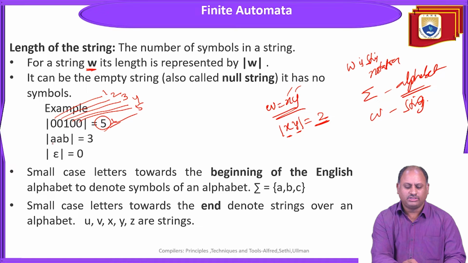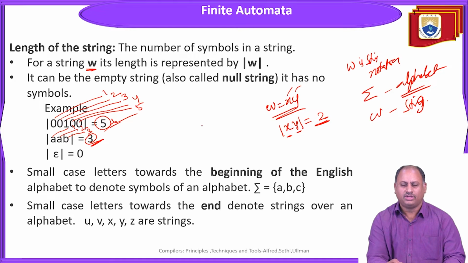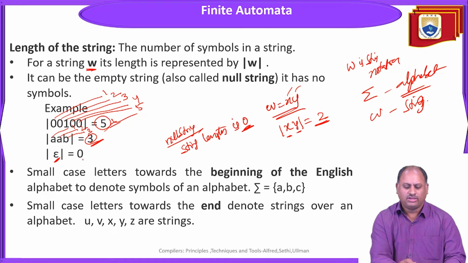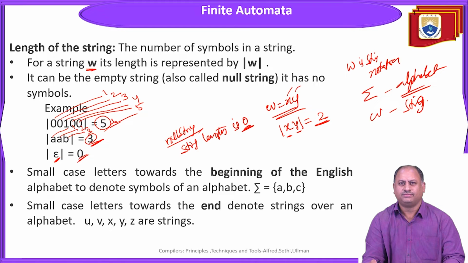Similarly, in this case, A is one symbol, A is the second symbol, B is the third symbol, so the length of the string is 3. Whereas epsilon indicates the null string. Null string means the string length is 0, so automatically the length is 0.